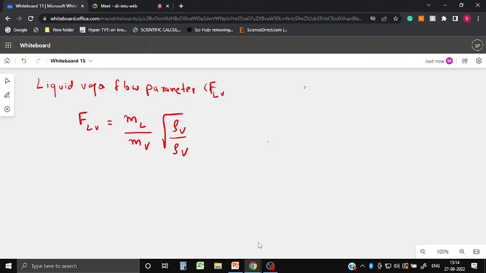Mass flow rate of vapor is given as 1800. Then density of vapor is 3.2025. Density of liquid is 867.